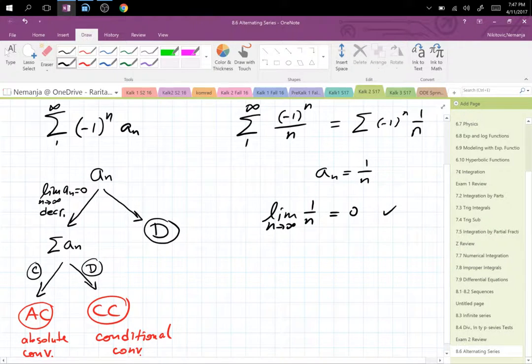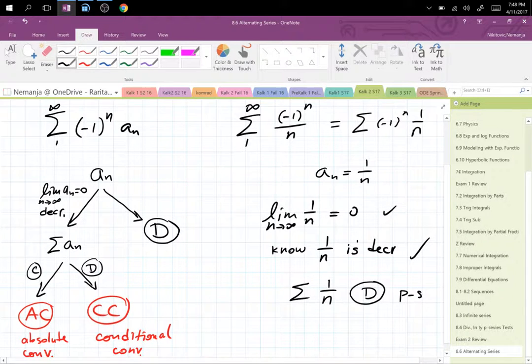And I know that 1 over n is decreasing. So I have both conditions checked off, which means that I am entering the branch of convergence. Now I check the summation of 1 over n, and I know that the summation of 1 over n diverges by the p-series.